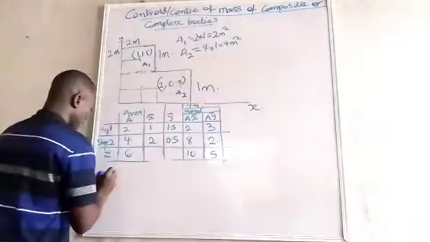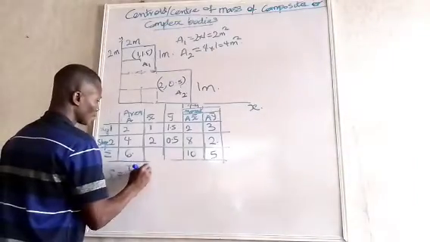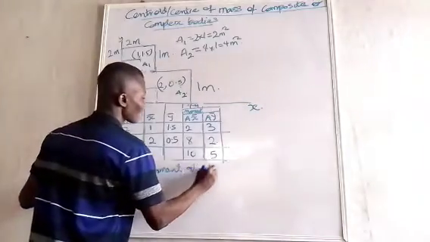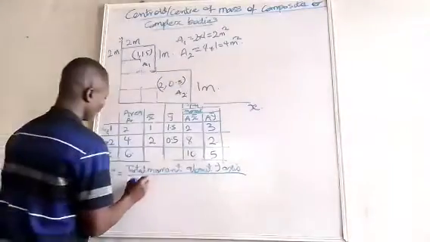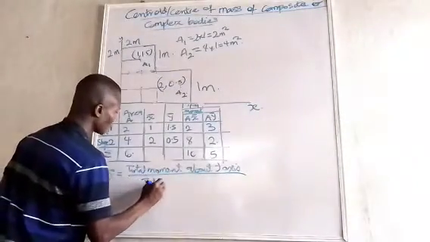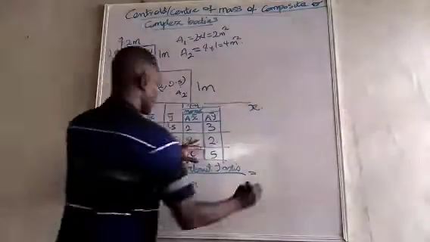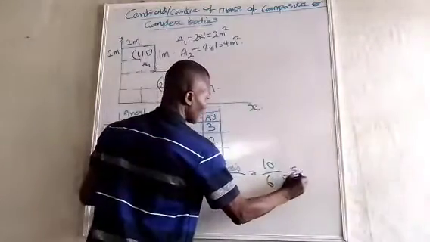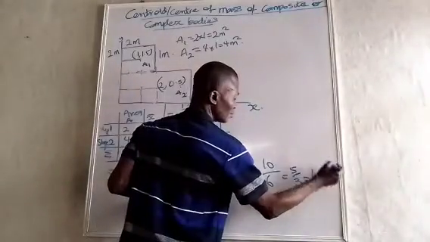For our x now, it's going to be total moments about the y-axis divided by total mass, or total area, sorry, and that is going to be 10 divided by 6, which is 5 over 3. That's going to be 1.67 meters.